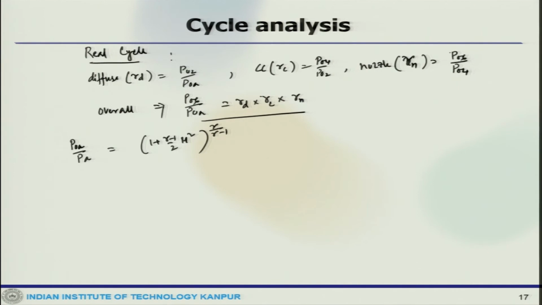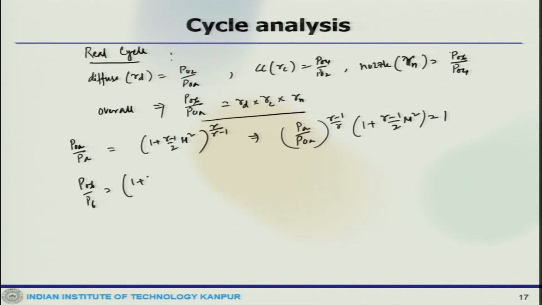So, what we get from here is P a by P naught a, to the power gamma minus 1 by gamma, into 1 plus gamma minus 1 by 2 M square, is 1. Similarly, P naught 6 by P 6 we can write as 1 plus gamma minus 1 by 2 M e square.